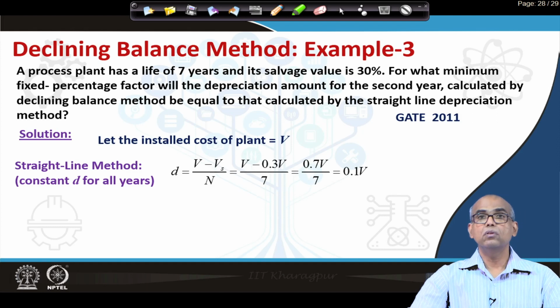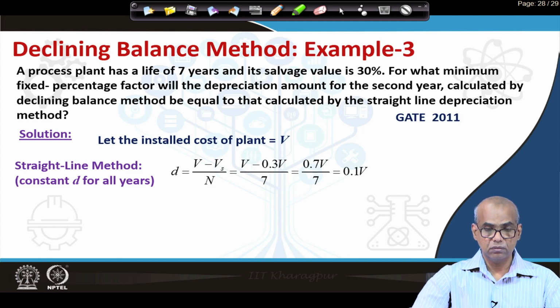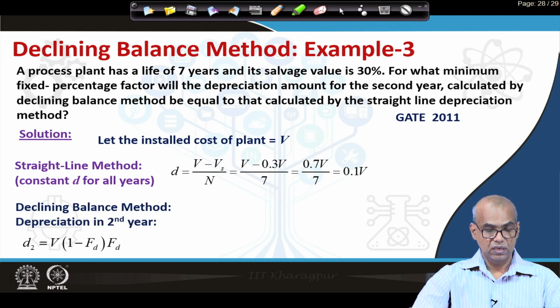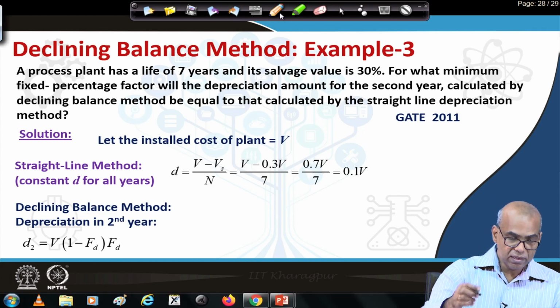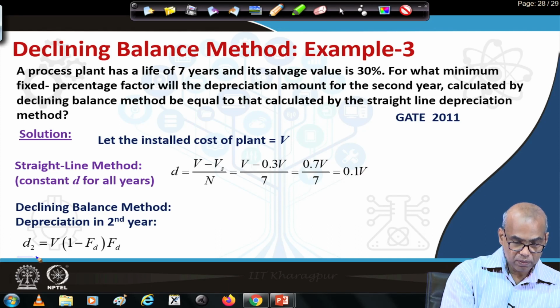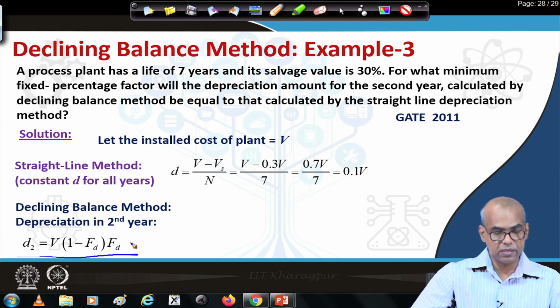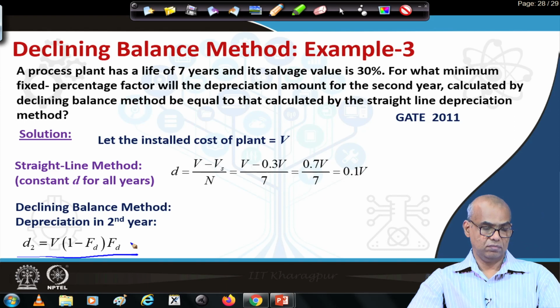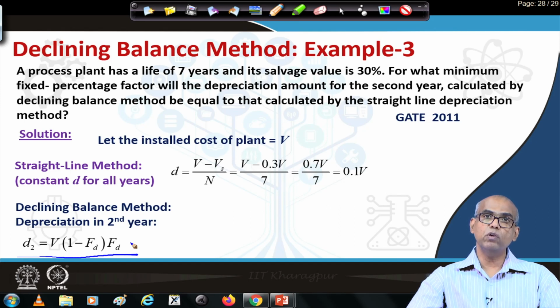Now, repeat the computation for the declining balance method. You can compute the depreciation in the second year by using the formula V into 1 minus FD into FD. If you do not remember the formula, the first year D1 will be V into FD, find out the book value.